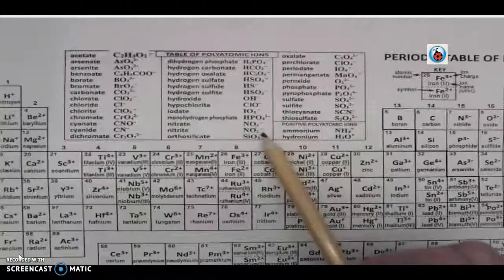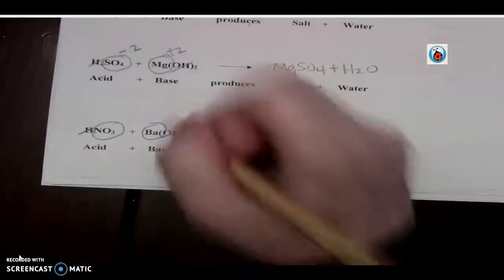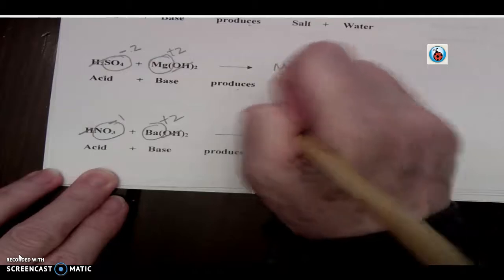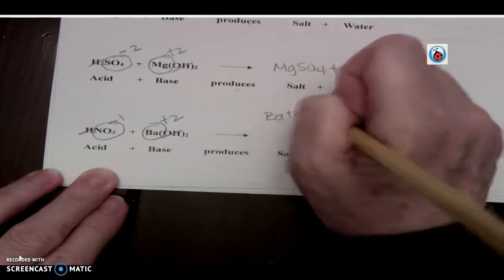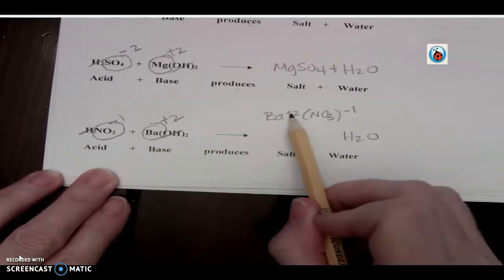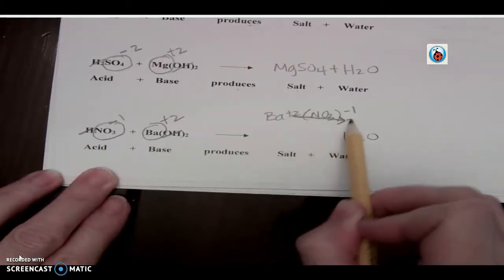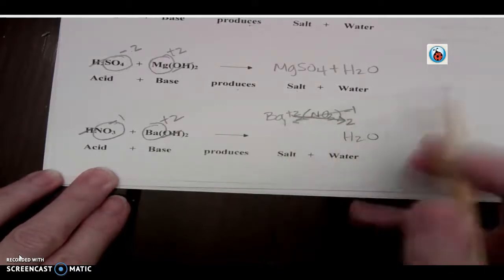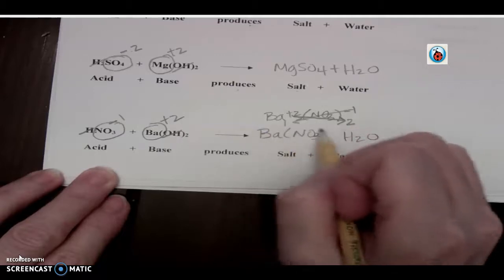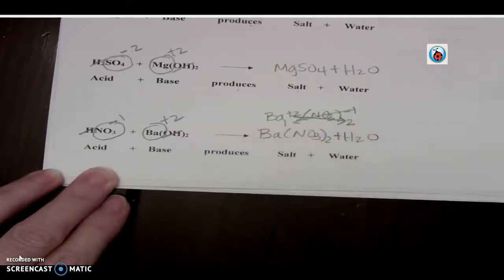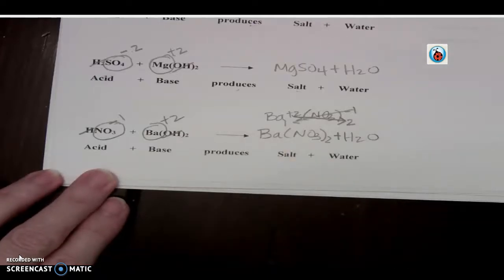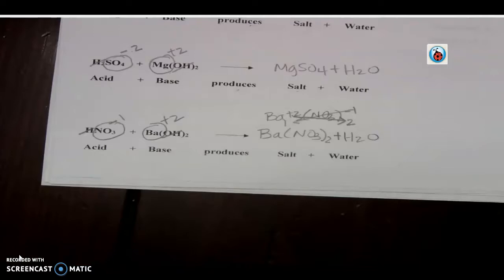And then we've got nitrate, which is a -1. So I've got the +2 barium and the -1 nitrate. Now, I'm going to write that up here because here we do have to swap and drop because those don't cancel out. So where's that 2 going? Back behind that nitrate. Where's the 1 going? There. So my formula is 1 barium with 2 nitrate plus water. So barium nitrate is our salt. Okay, if you have any questions, let me know.